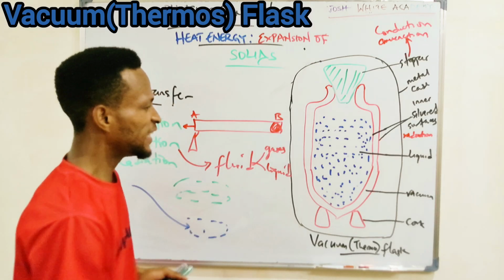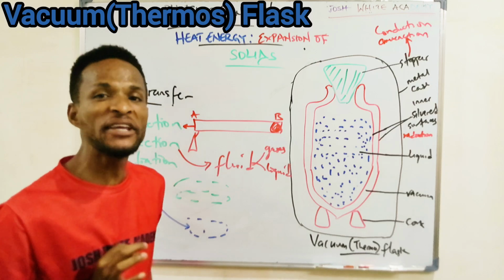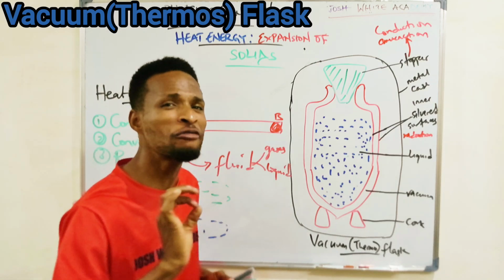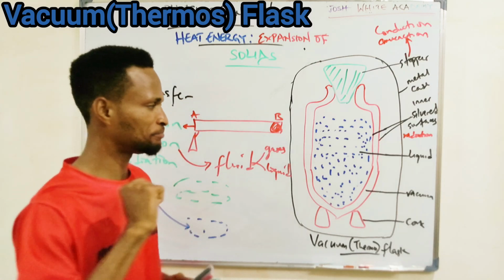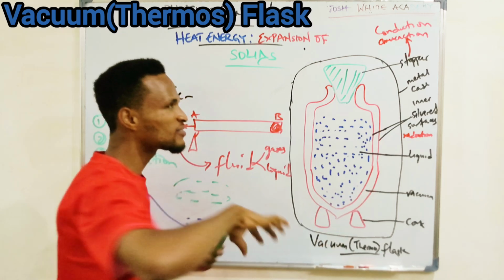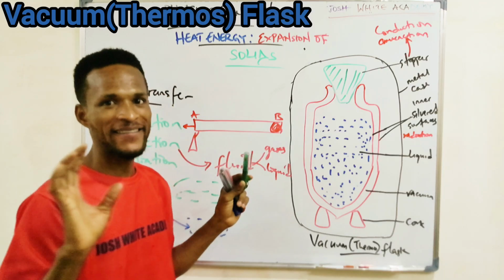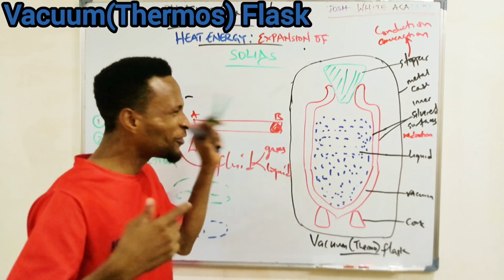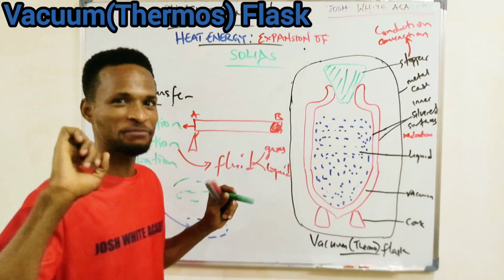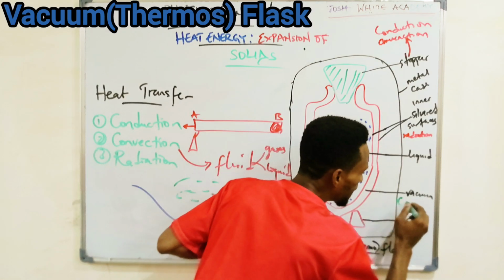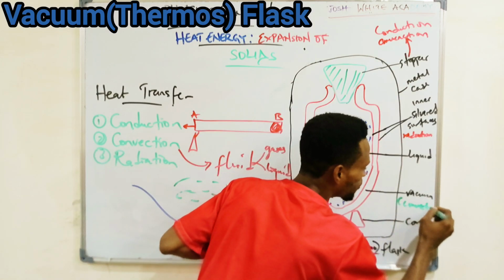Also, the vacuum prevents heat loss by convection. Remember that vacuum means fairly there is no air, and remember that convection needs air, needs fluid. So it prevents heat loss by convection.